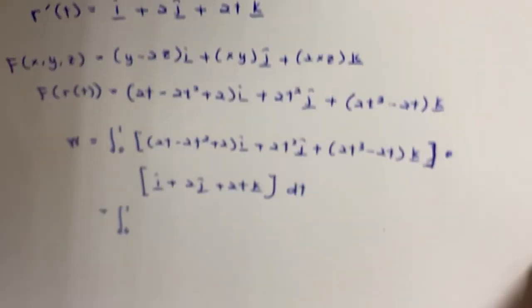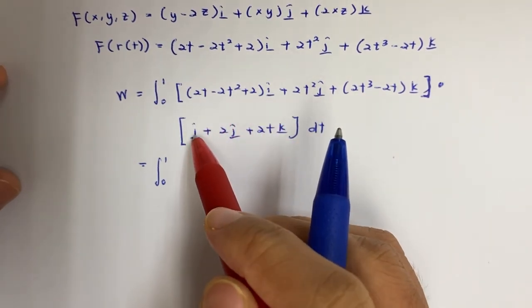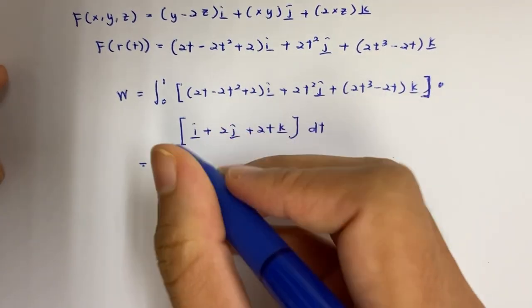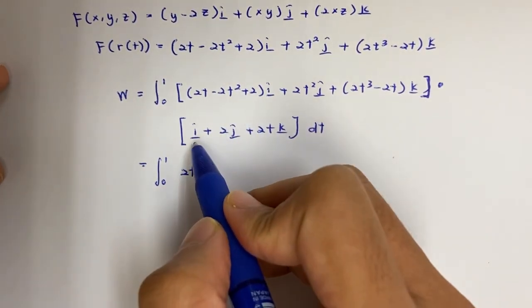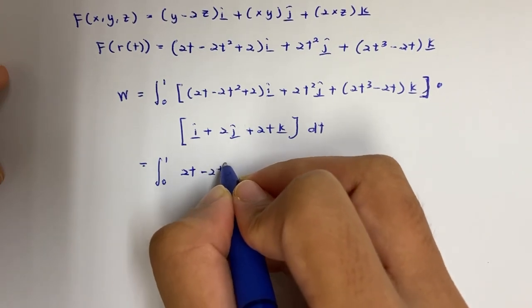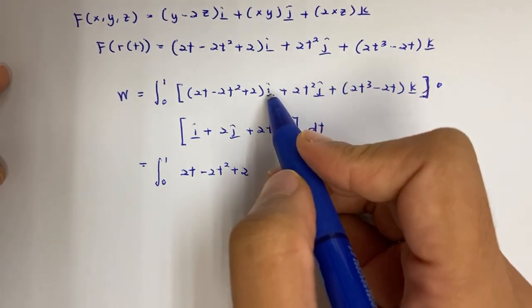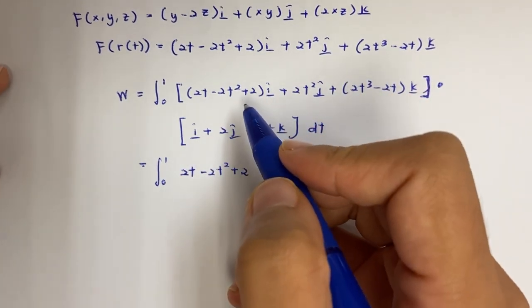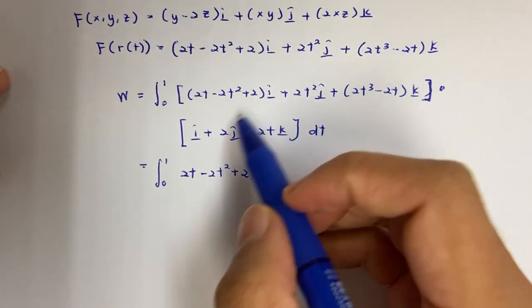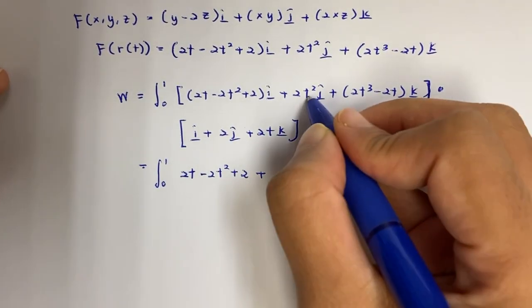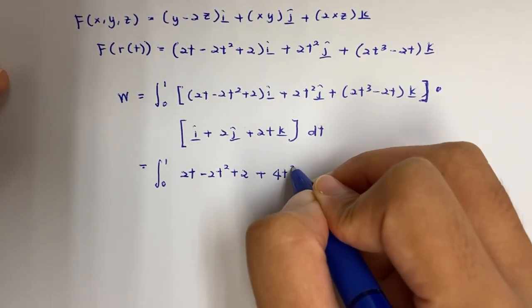Okay, dot product, you multiply i with i. So 2t multiplied by 1 is 2t. Minus 2t squared multiplied by 1 is minus 2t squared. Plus 2 multiplied by 1 is 2. Then you don't have any i, because i squared is equal to 1, it becomes a scalar. Plus, multiply j with j, dot product j with j, so you have 4t squared.